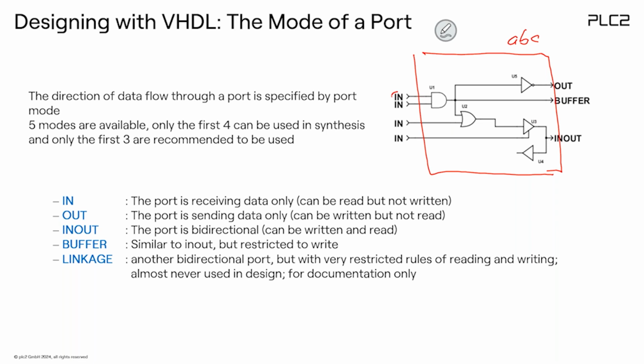For this signal, the mode of the port would be input, because we're using this as an input. Also for this signal, its mode is input, because we're using this somewhere here. And this is also an input, and this is also an input. For example, this port with this name, the mode would be out, because this is an output.